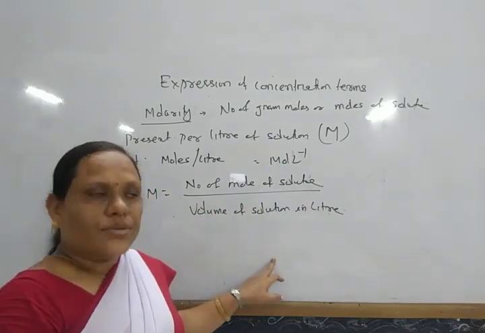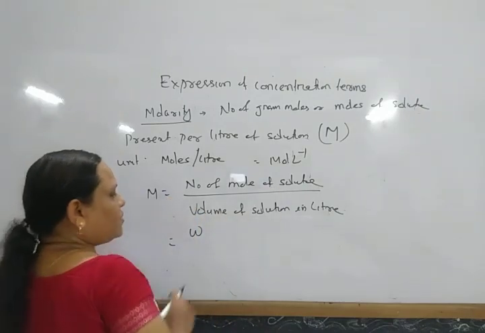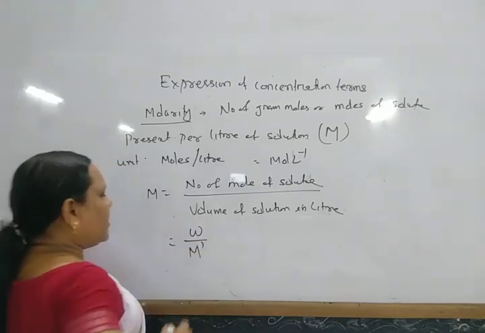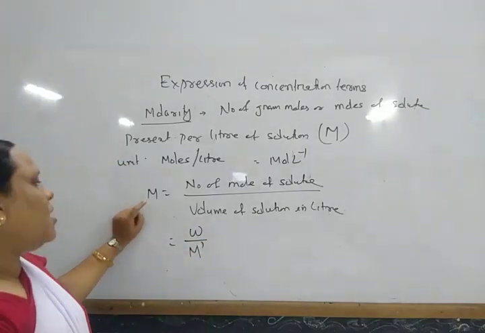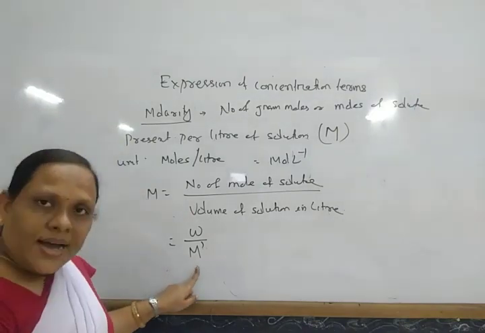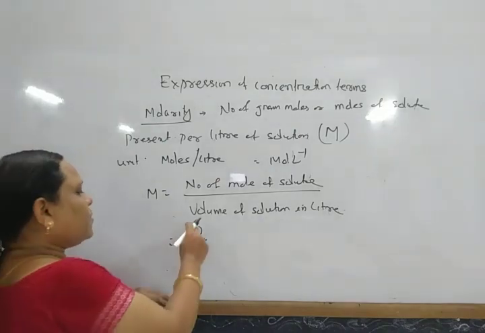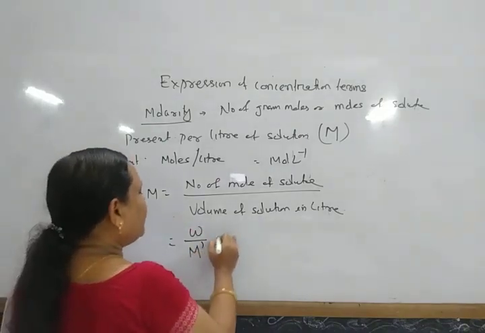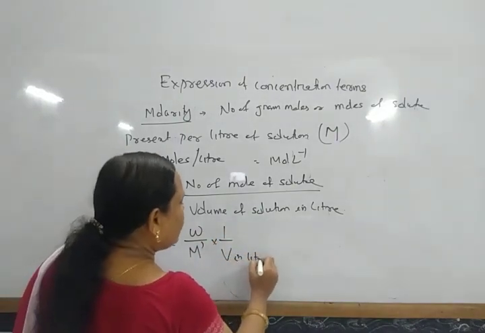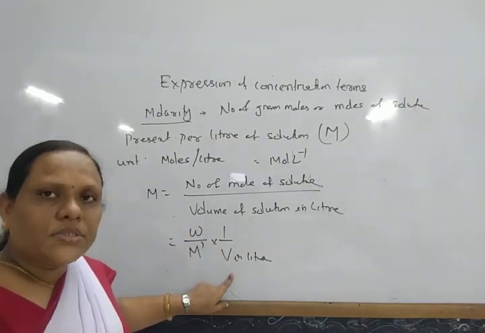So number of moles of the solute is weight by m dash. Here M represents your molarity, and m dash represents the molecular mass of solute. So W by m dash into 1 by V, if volume is expressed in liter, gives number of moles per liter of solution.